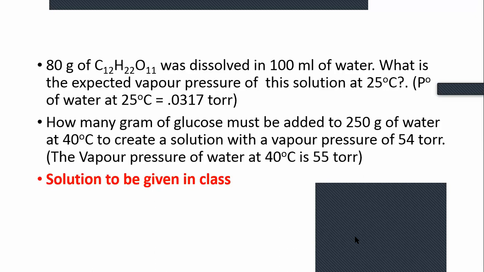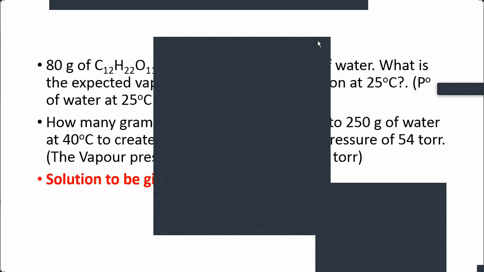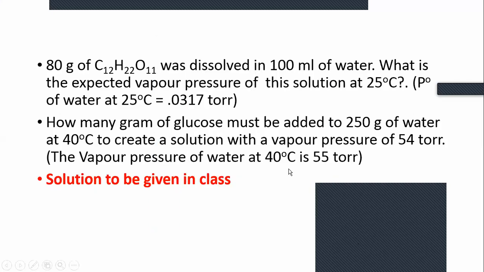Now, from there, you can calculate the number of moles of your glucose, and from there, you can get the mass. But before you get the mass, you need to get the number of moles of water. It's going to be 250 over 18.